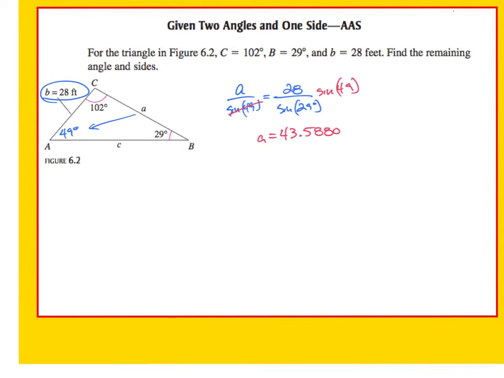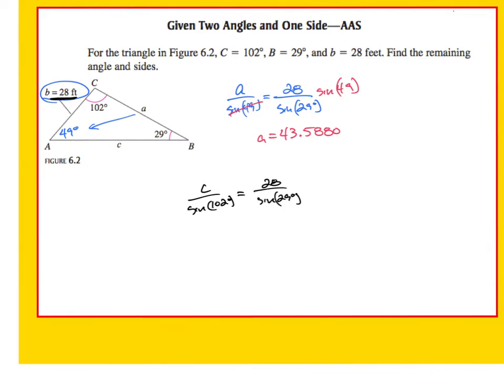Now we can solve for side C. I'm going to put C up top over sine of what? 102. Is equal to, now, it doesn't really matter which one we use now, but I would suggest using the one with less numbers or less decimals. So I'm going to put 28 over sine of 29 degrees.